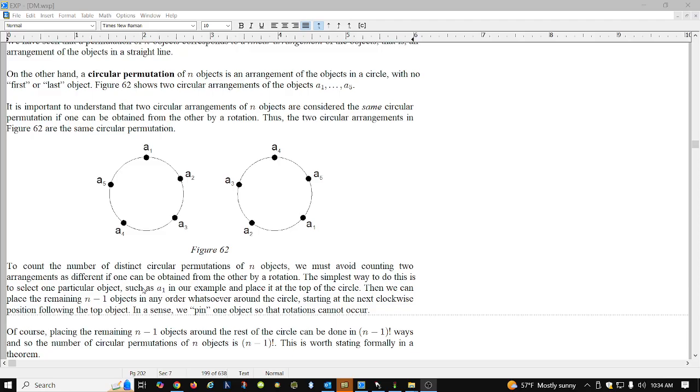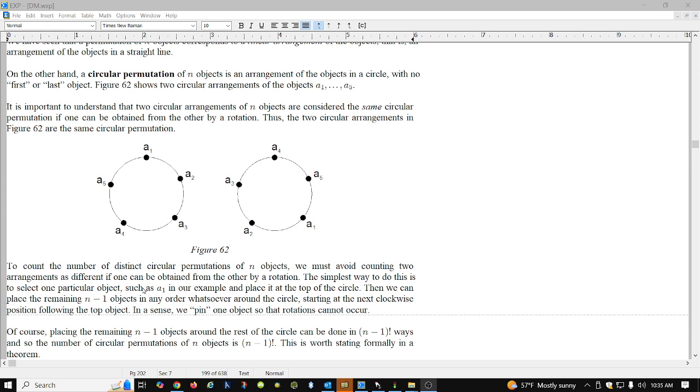Then you can place the remaining n-1 objects in any order you want around the circle, starting at the position immediately clockwise to the top, A1. So what you're doing really is pinning one object at the top. You can pin it anywhere, it doesn't matter, so that no rotations can occur.